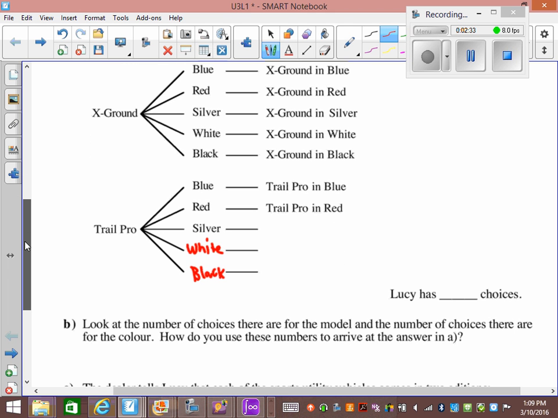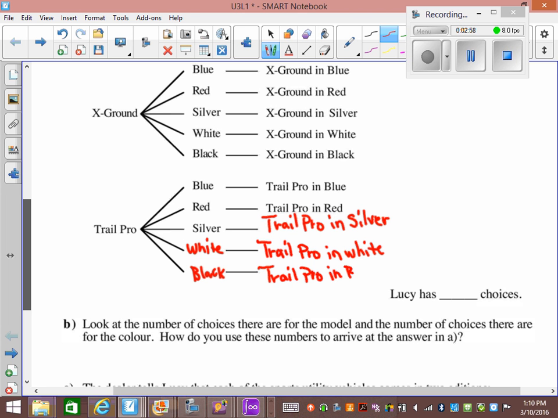Then we have a Trail Pro in blue, a Trail Pro in red, a Trail Pro in silver, a Trail Pro in white, and a Trail Pro in black. So how many different options does she have? If we add them all up, 15. Lucy has 15 choices.